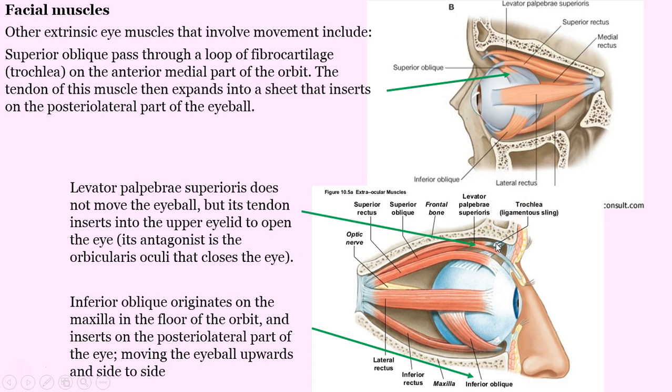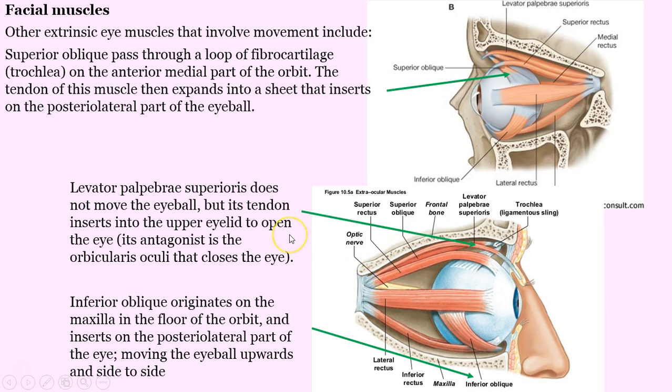And there's the superior oblique right here. Do you see that? So just as the name implies, it is on the superior upper part of the eye, and it comes at an angle. The tendon of this muscle is going to expand on the posterior lateral part of the eye. So that means the back lateral side of the eye.